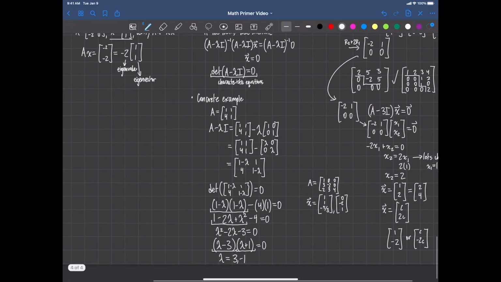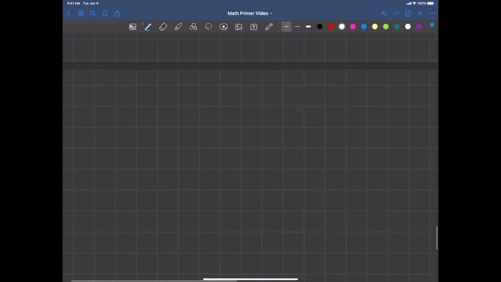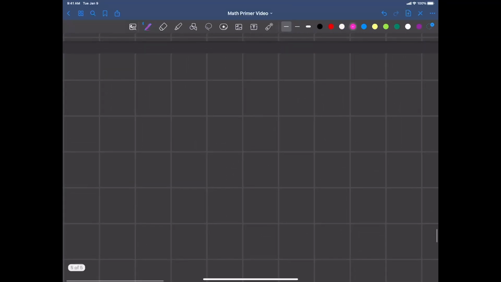Now let's talk about solving systems of linear equations with matrices.